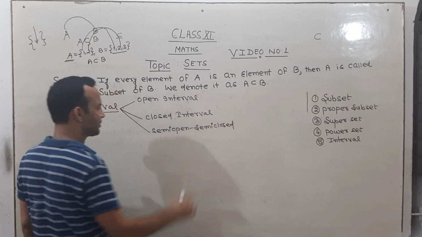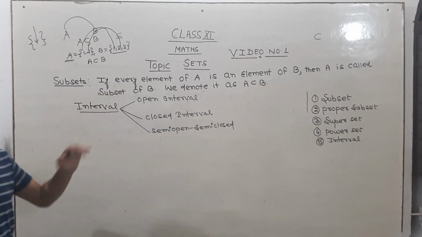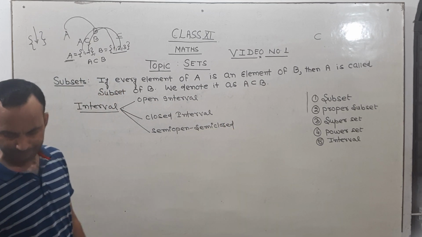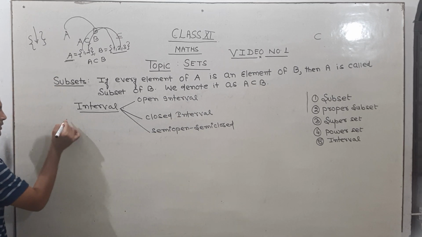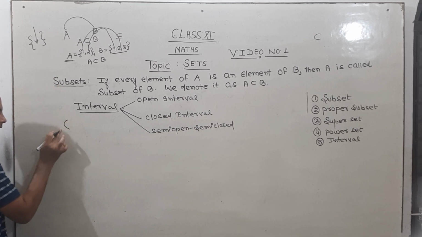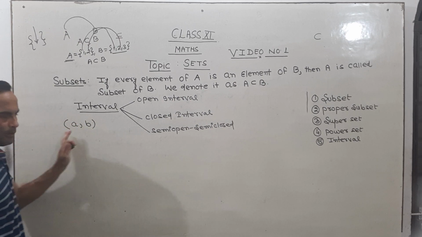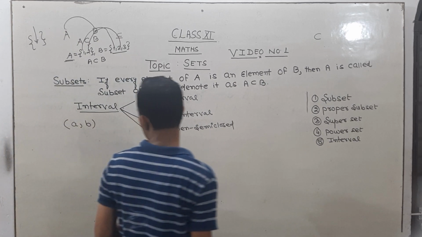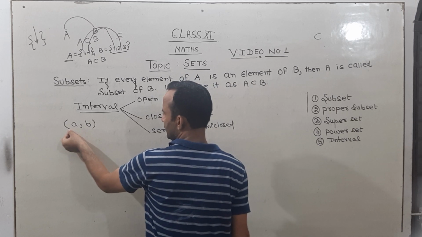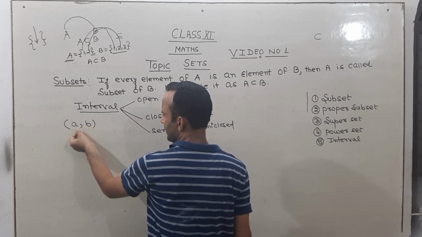Now first of all, see what is the meaning of open interval. My dear students, open interval is denoted by the small bracket (a, b). This is the symbol of open interval.